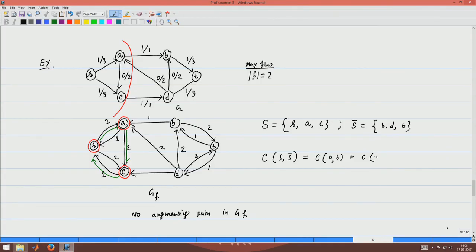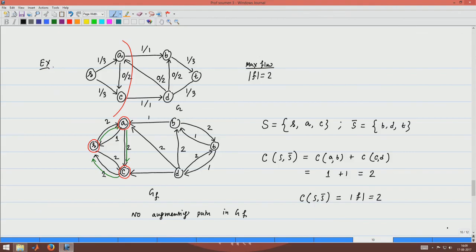These are the only 2 edges which are going out of S. The capacity of AB is equal to 1 and the capacity of CD is also equal to 1. So, the capacity is equal to 2, and you can see that since this is the minimum cut, the capacity of this minimum cut is equal to the flow value, which is equal to 2.